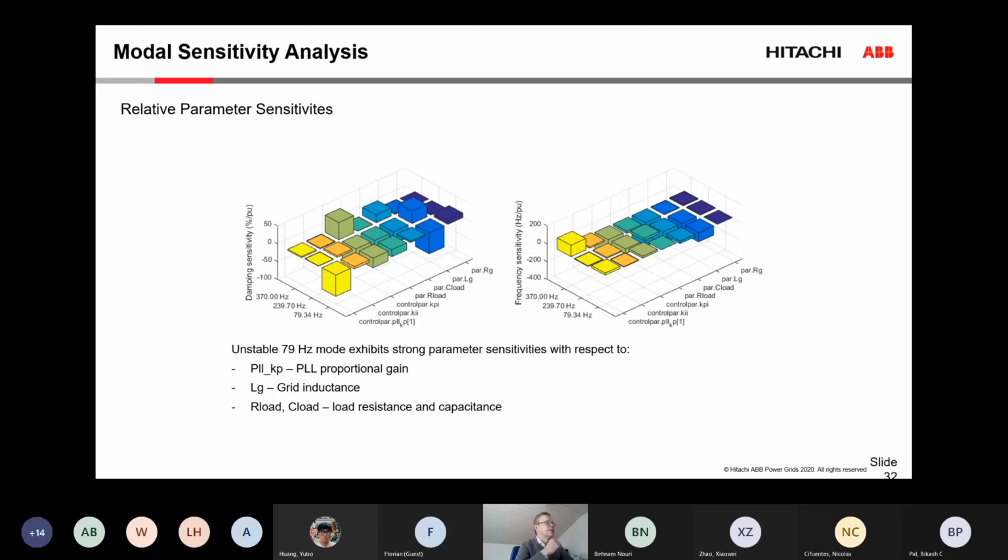So it's not a really effective way of improving the damping. That's a good clue that maybe you should look at other parameters, or, if you cannot find something as clear cut as this example, think about adding additional compensation loops and things like this.